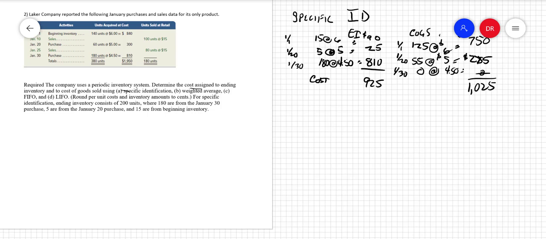Weighted average just is lumping it all together. So for weighted average, it's a much simpler approach. What we do is we say, okay, we determine the cost of goods available for sale. Cost of goods available.